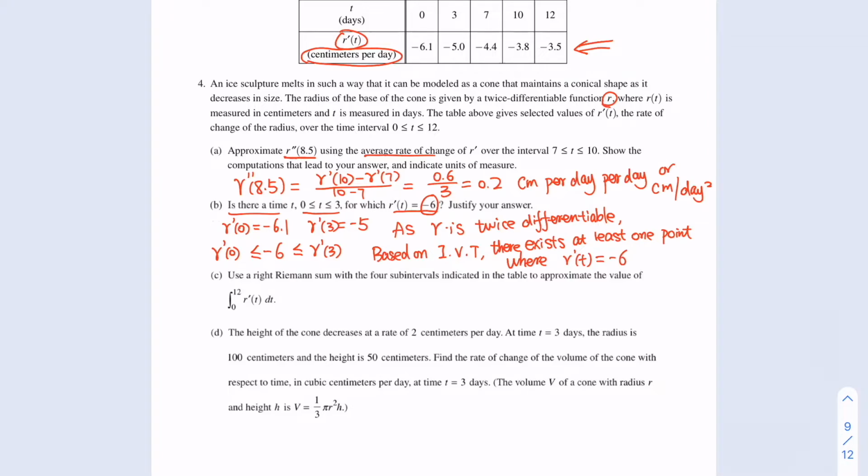Part C, use the right Riemann sum with 4 subintervals to approximate the value of the integral from 0 to 12.